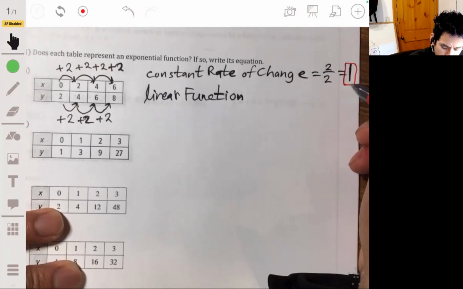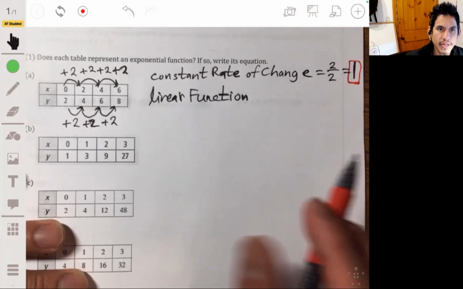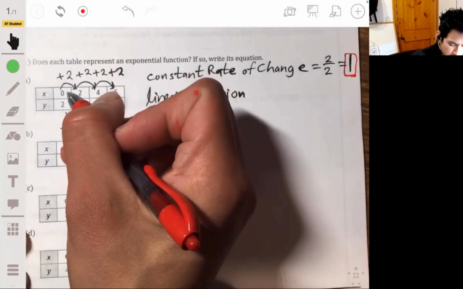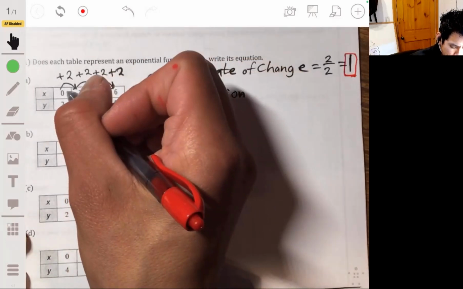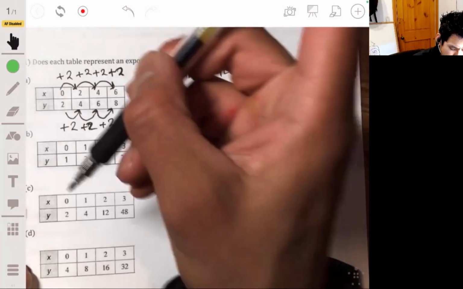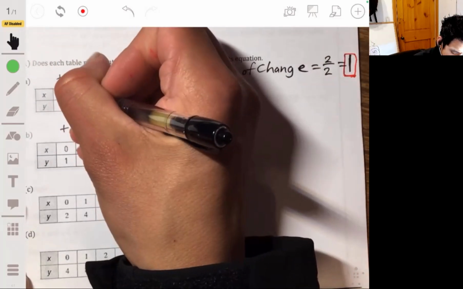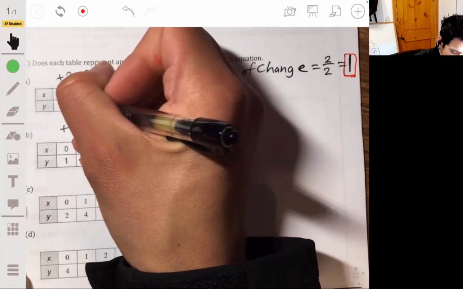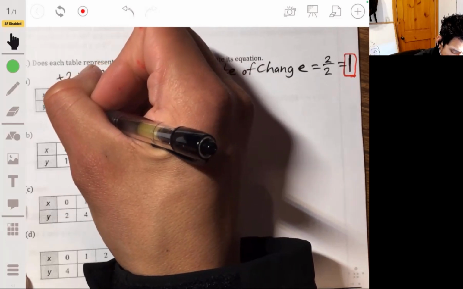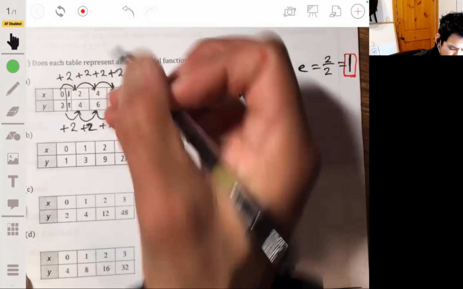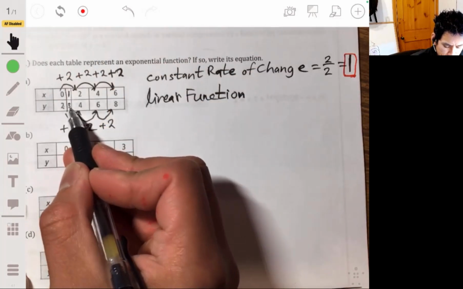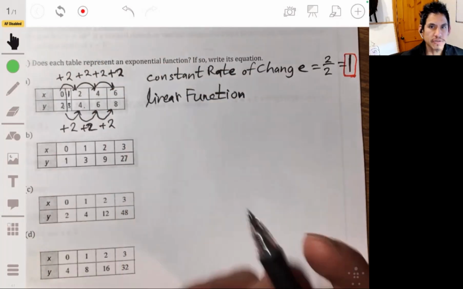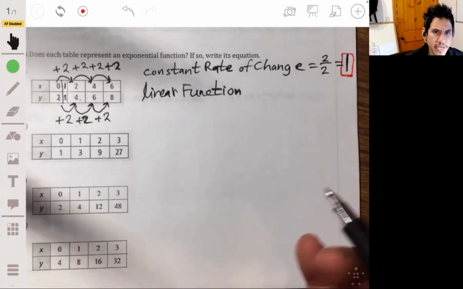Well, think about it. You always should be thinking that in math. If we were to include x equals 1 in here, then what would the y value be below it? It would be halfway between 2 and 4, which would be 3. And so then the y values would be changing by 1 if x is changing by 1. So they're changing at a 1-to-1 ratio, or the same.